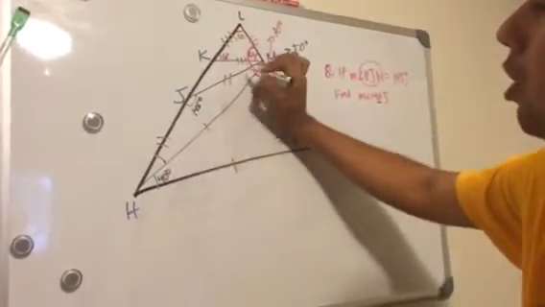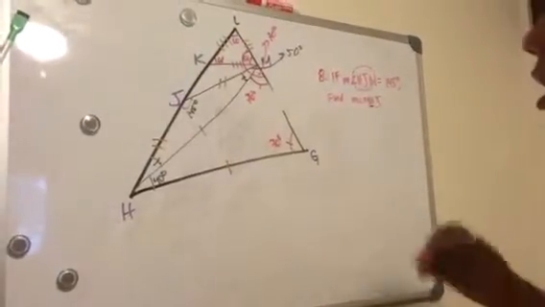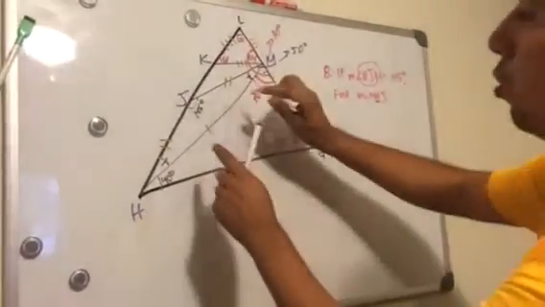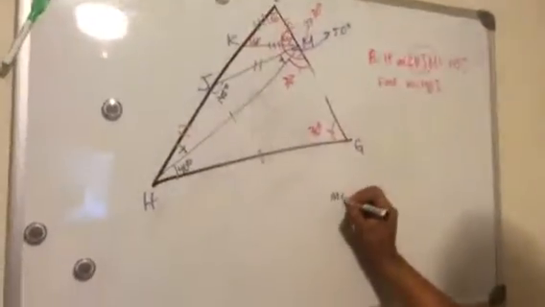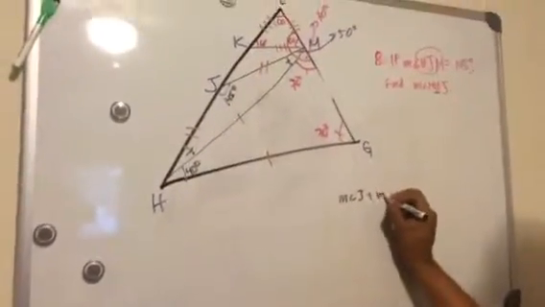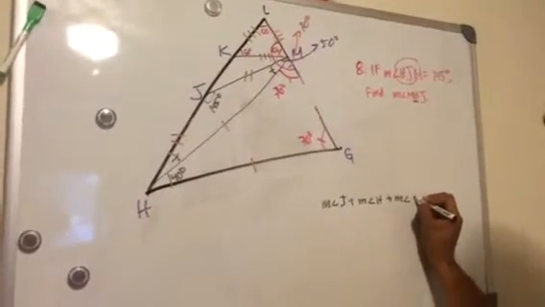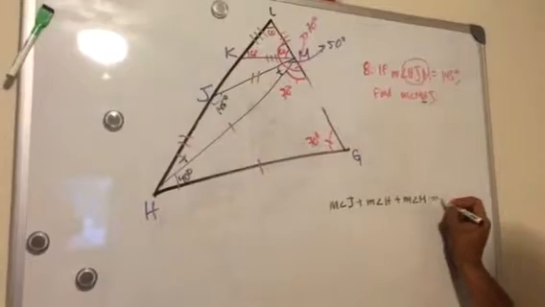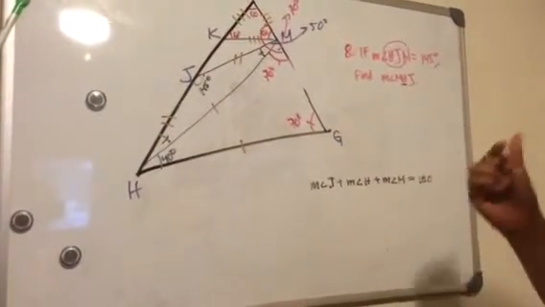So this angle over here is congruent to this angle over here. Now we need to use the interior angle sum theorem. So measurement of angle J plus measurement of angle H plus measurement of angle M is equal to 180 degrees.